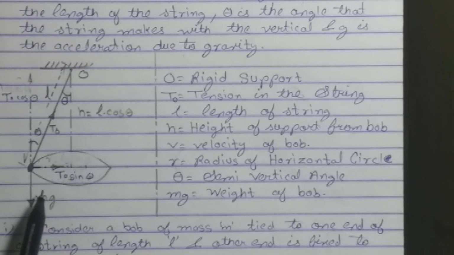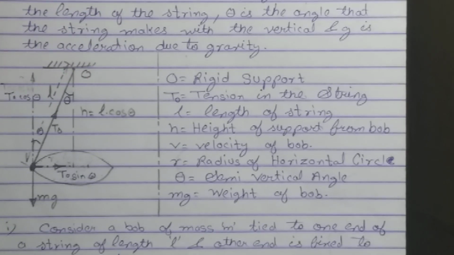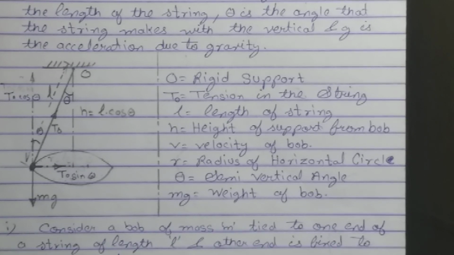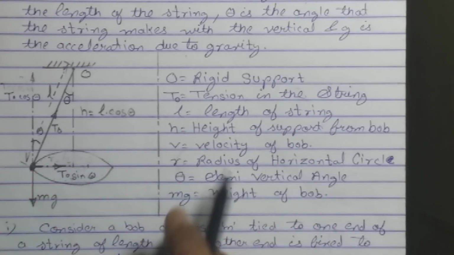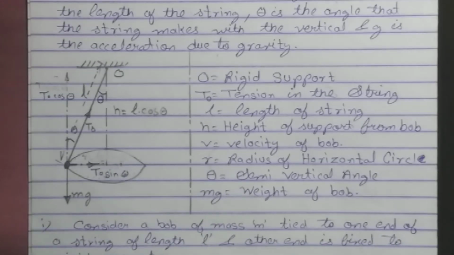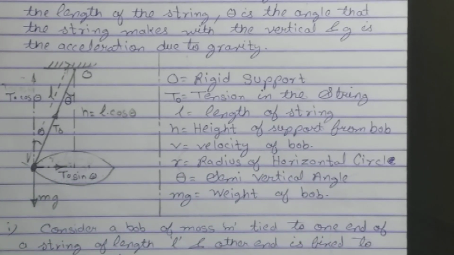The horizontal component T0 sin theta will provide the necessary centripetal force. If the bob is performing uniform circular motion with a linear velocity v, what is the centripetal force? It is mv square upon r.